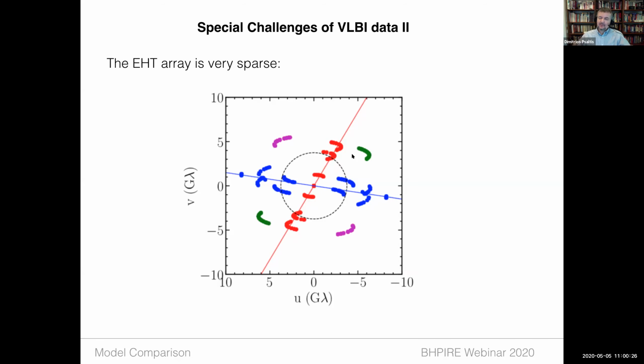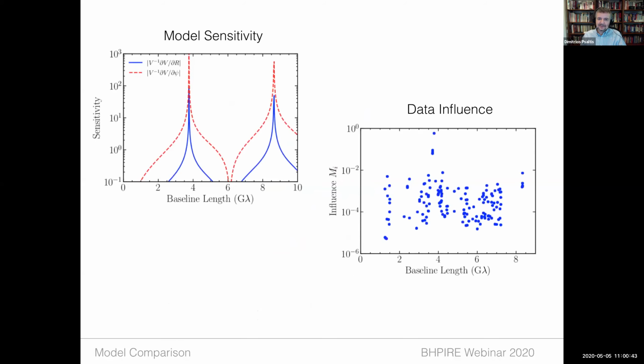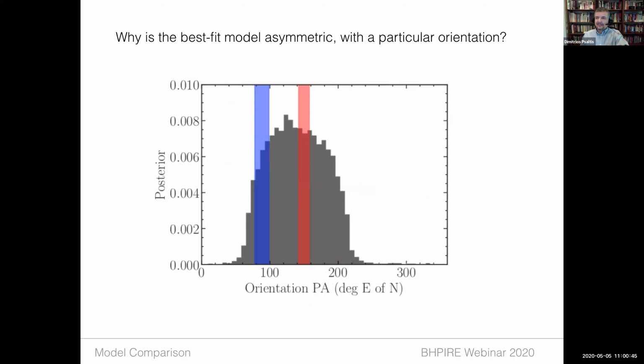And when you do the posterior probability over orientations, you count how many ways you can reproduce the data. You have a lot more ways for things that are symmetric around those two orientations than for things that are not. And this is why you get your posterior to be slightly more asymmetric than the true image is, and peaking in orientations that effectively straddle those two main orientations.